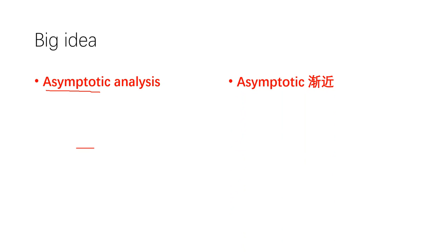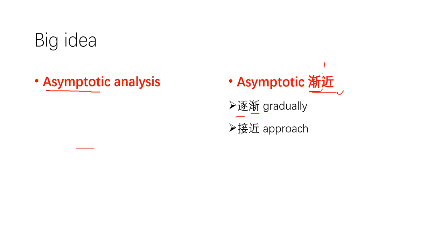So asymptotic in Chinese means 渐进. Can you recognize these two characters? 渐, what does it mean? If you make it into a word, it means 逐渐, that's gradually.